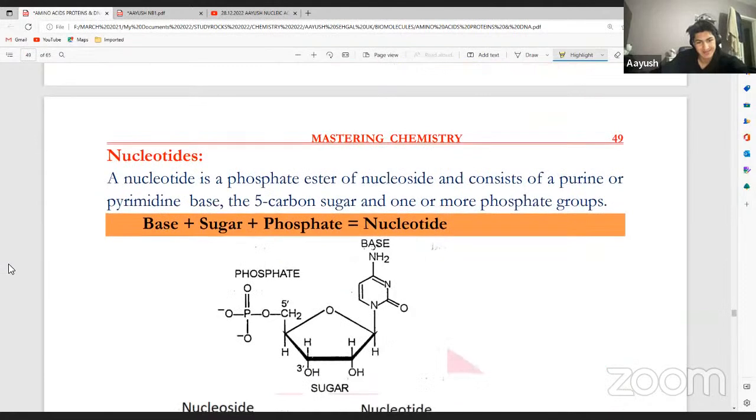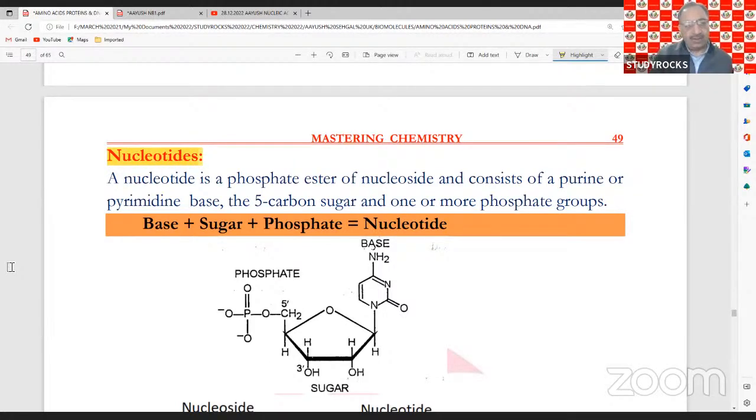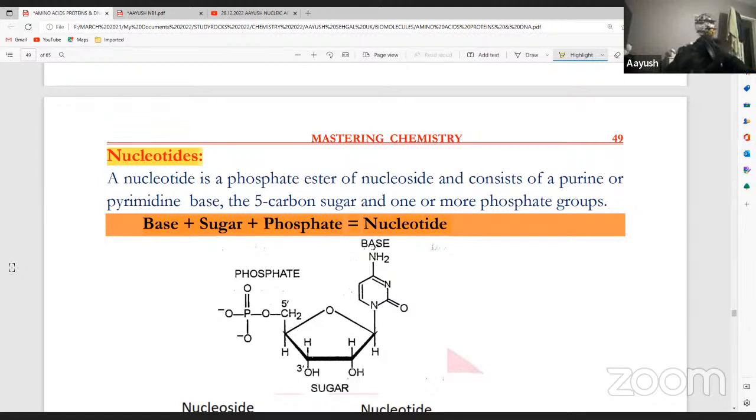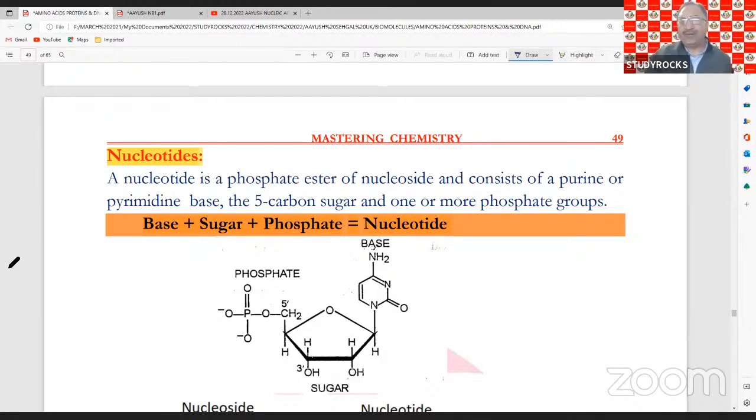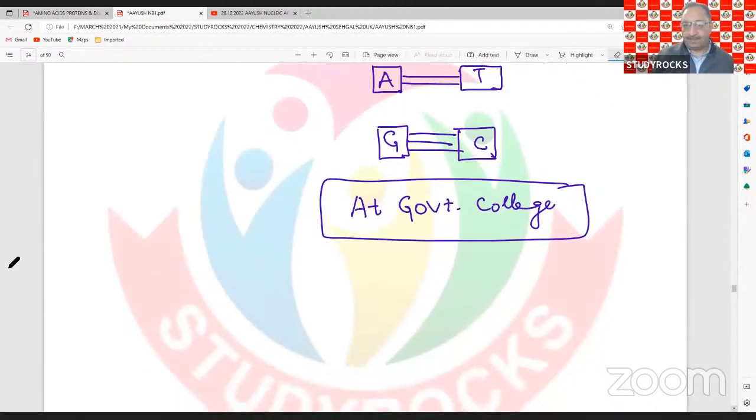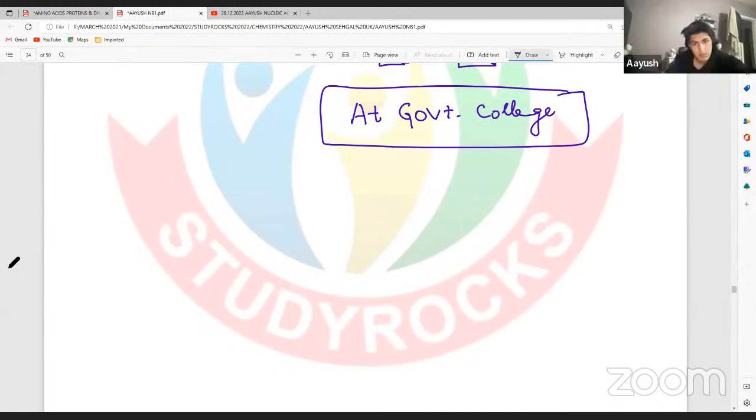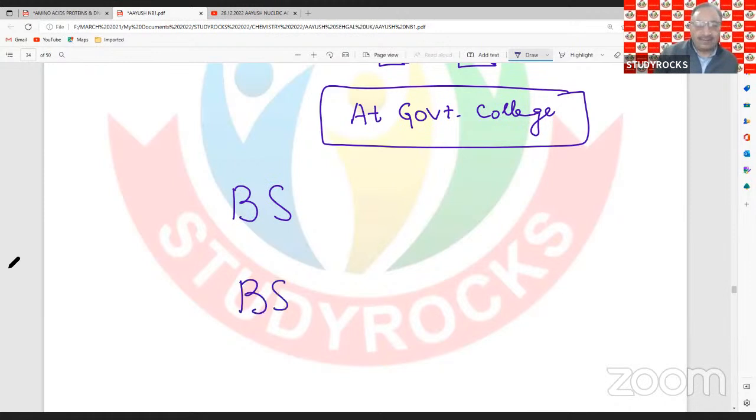Now write down nucleotide. It is base plus sugar plus phosphate. This combination we call nucleotide. Then you remember like this. Memory tip: BS and BSP.